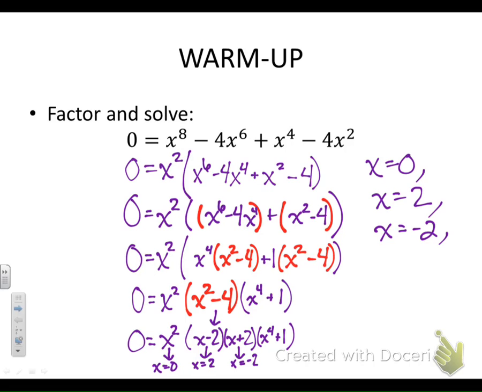And then another solution would come from, well, I might need to set up a mini equation. Subtract 1 on both sides. Whoa. And then I have to take the 4th root of negative 1. So instead of the square root, I have to take the 4th root of negative 1.